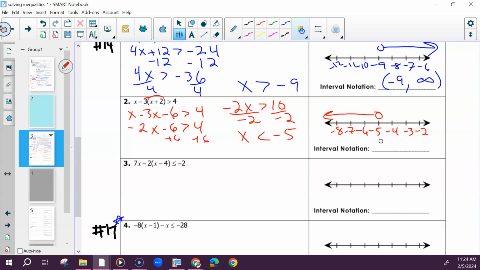Negative infinity. So parentheses, negative infinity, and then it ends at negative 5, and it's open, so also parentheses. Questions so far? Because you're reading left to right. So if I'm reading left to right, does it start at negative 5?